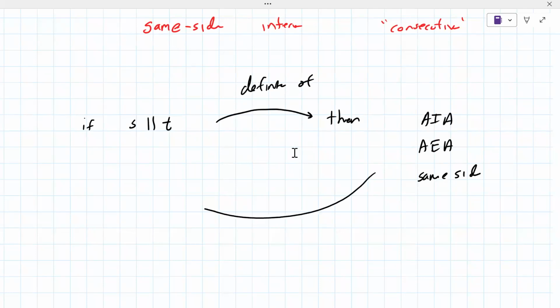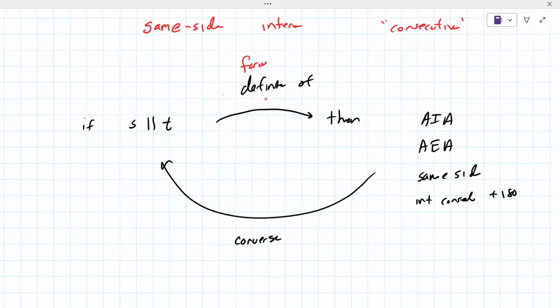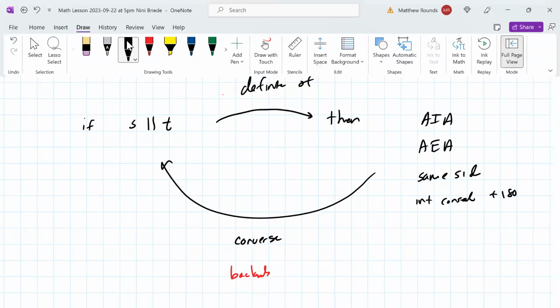But when you go backwards, when you start out with, oh, I know that the alternate interior angles are congruent or same side interior, consecutive, add to 180, that's the converse. And so in math, there's a lot of problems where you go forward and then backwards. Right? So just kind of a thought there for you.